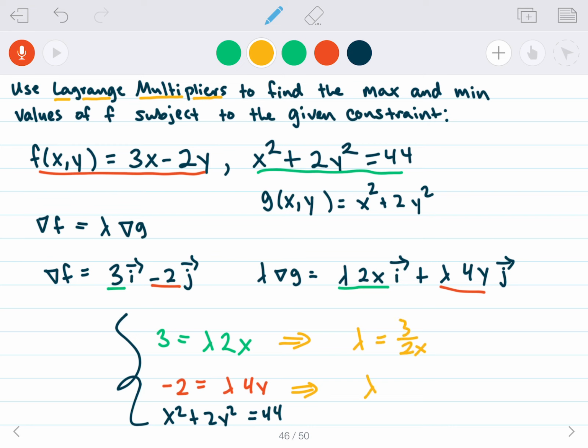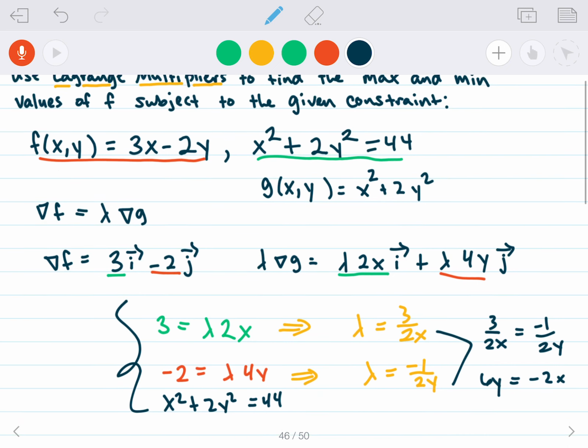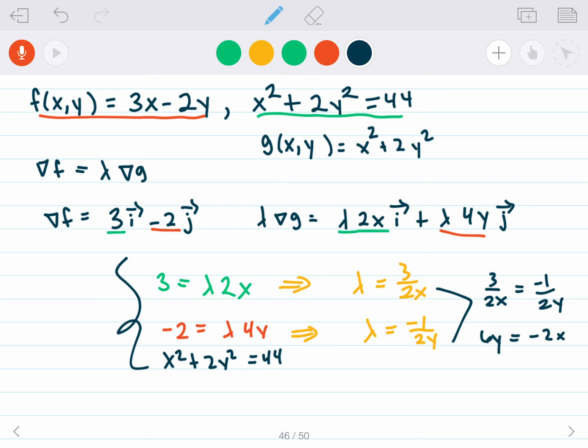And down here, if I divide both sides by 4y, I get lambda equals negative 1 over 2y. Then I can set these two equal to each other, and I get 3 over 2x equals negative 1 over 2y. Cross multiplying, I get 6y equals negative 2x. Dividing both sides by negative 2, I get x is equal to negative 3y. So that's my equality there.